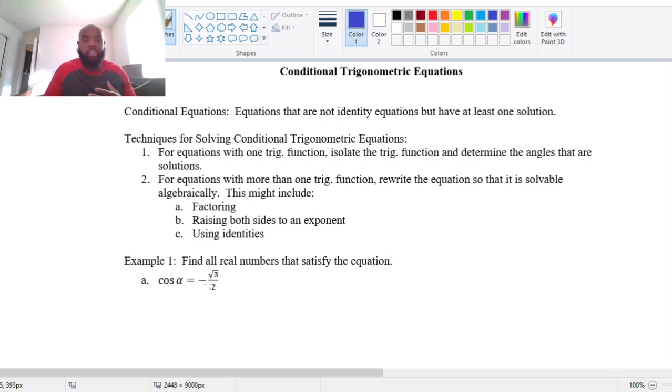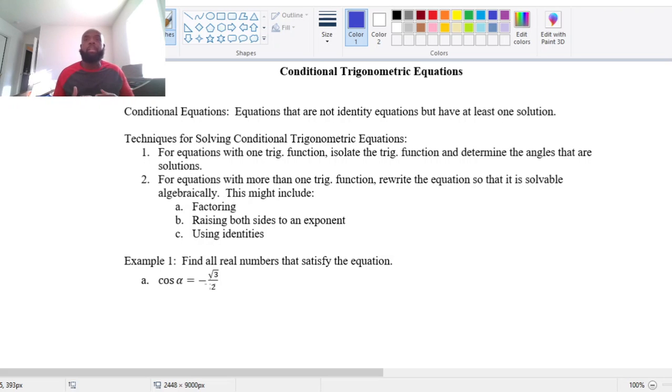For equations with more than one trig function, we've got to come up with a way to solve it. Now, you've got to be cognizant of the structure of the equation, because sometimes these things look like algebraic equations, but they're equations of trig functions, and so it looks a little weird. But we're going to try to rewrite the equation so that it is solvable algebraically.